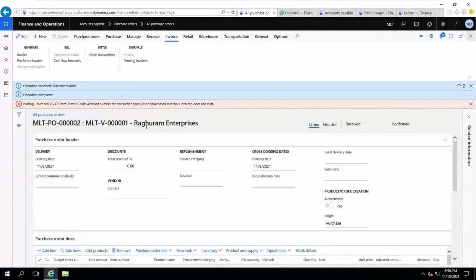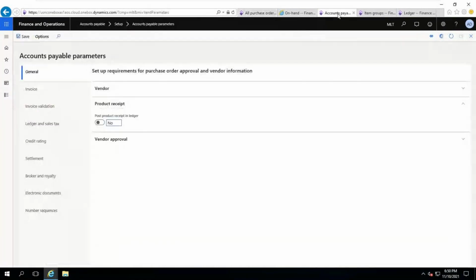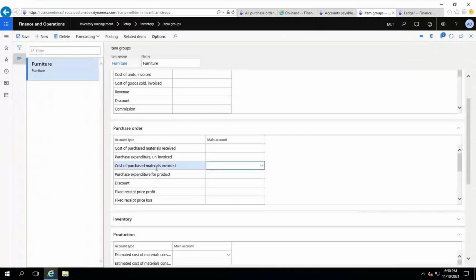What is the message? Transaction type, cost of purchased material invoiced. This account. So let me map the inventory account. It should be the inventory account I have mapped.